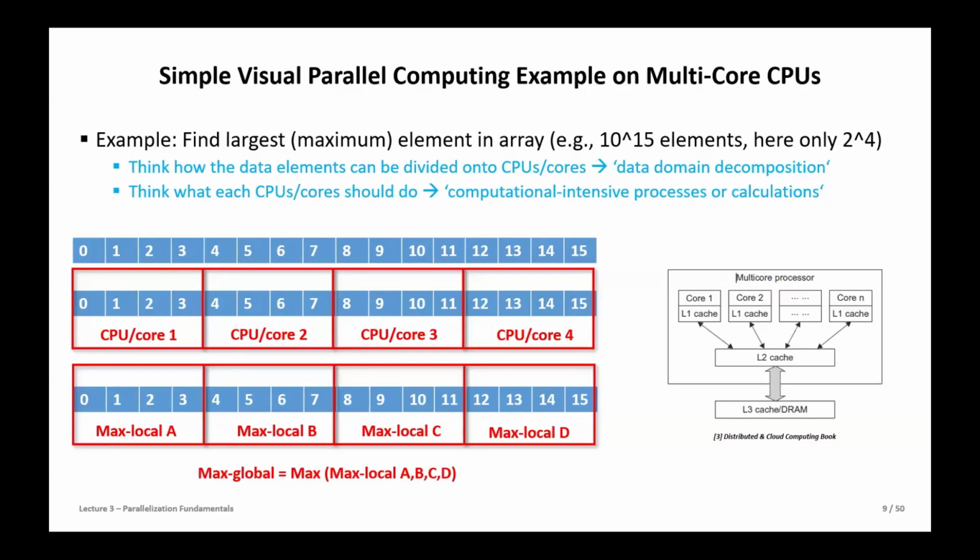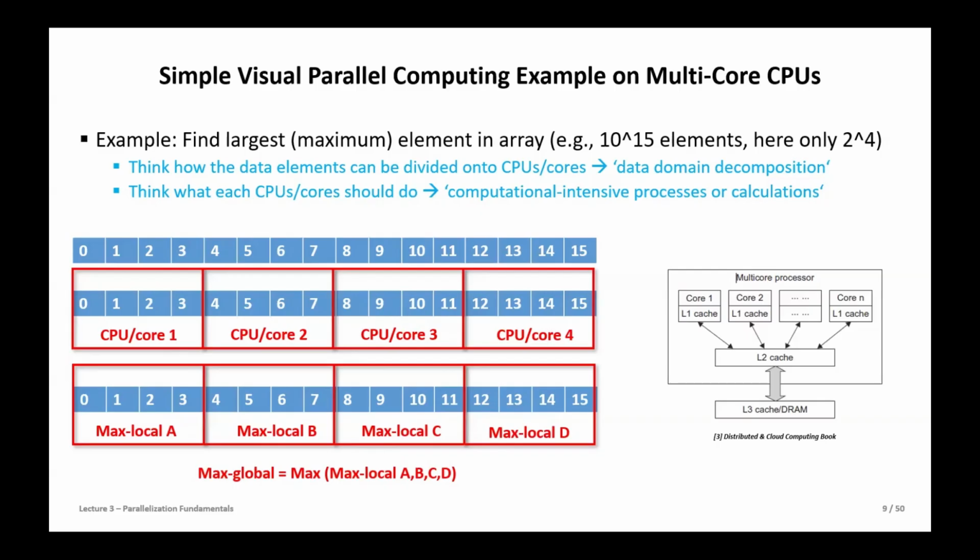Now the idea is, if we have 4 cores, each can take an equal share of 4 elements in the array and determine the maximum locally. That's what we can do. Then from this information, we can find out the global maximum. I think that's very obvious.